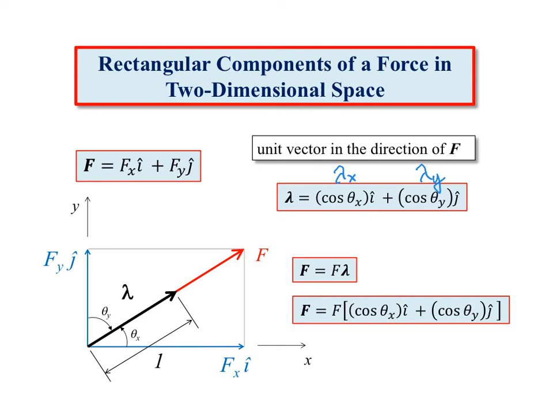We can express our force F as its total magnitude times a unit vector in the direction of F, and that unit vector is defined as lambda. And lambda is just the direction cosines times the unit vectors in the individual coordinate directions, i and j. And this idea of a unit vector in the direction of the force F is really much more useful when we're dealing with forces in three-dimensional space.